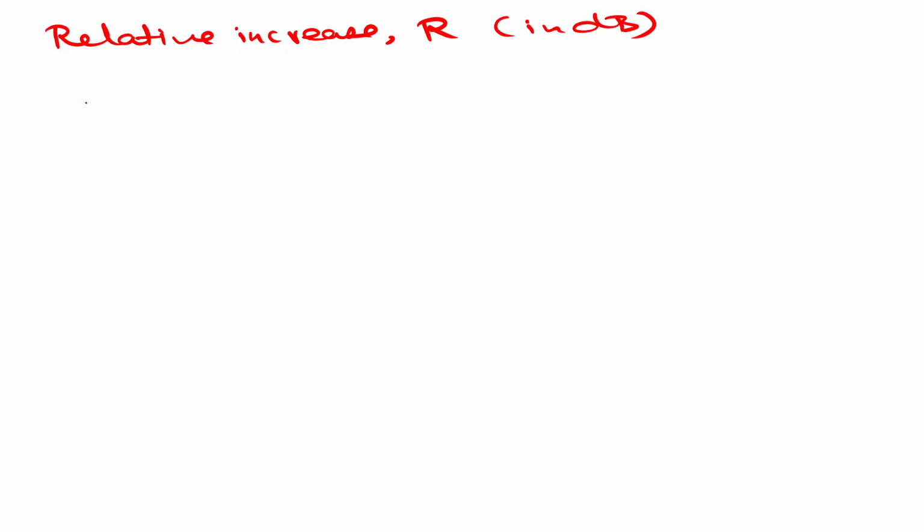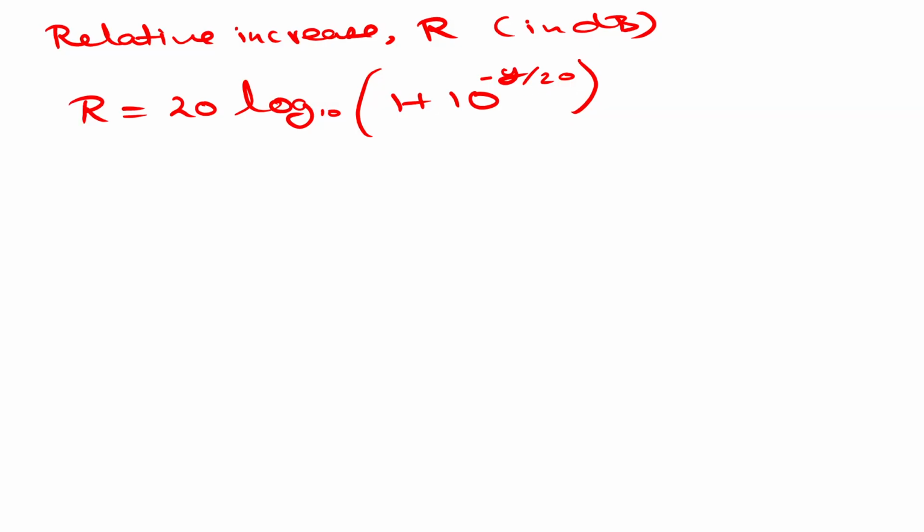And we already know that the upper bound relative increase, denoted here as R, is given in decibels by this formula: R equals 20 log base 10 of (1 plus 10 to the power minus y by 20), where y is the difference in the measured signal level.